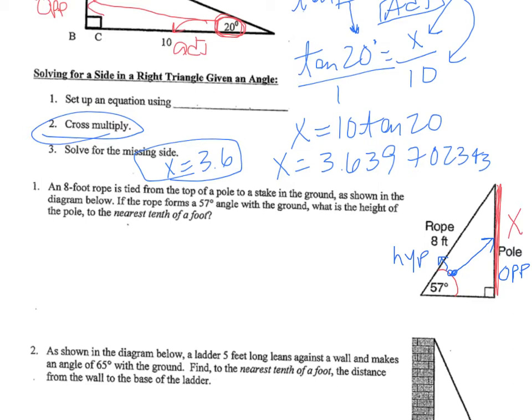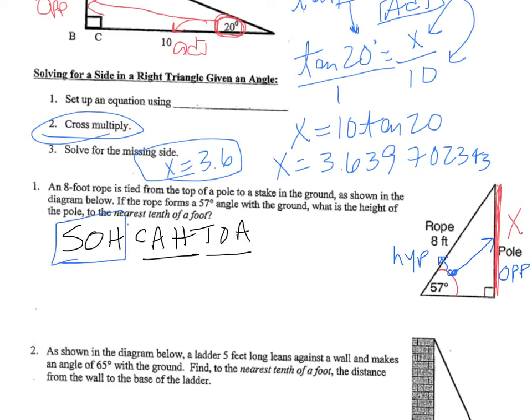So out of SOHCAHTOA, you ask yourself which trig function deals with the opposite and the hypotenuse. The tangent is opposite over adjacent, the cosine is adjacent over hypotenuse, and the sine is definitely the opposite over the hypotenuse. So I'm going to get rid of the cosine and the tangent because I don't need those at all.